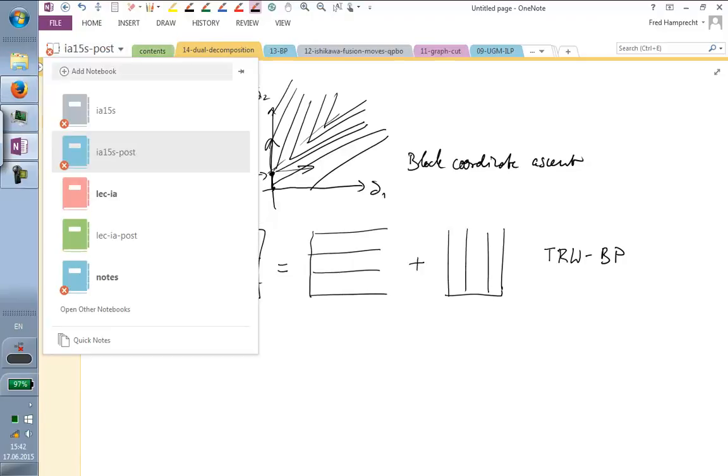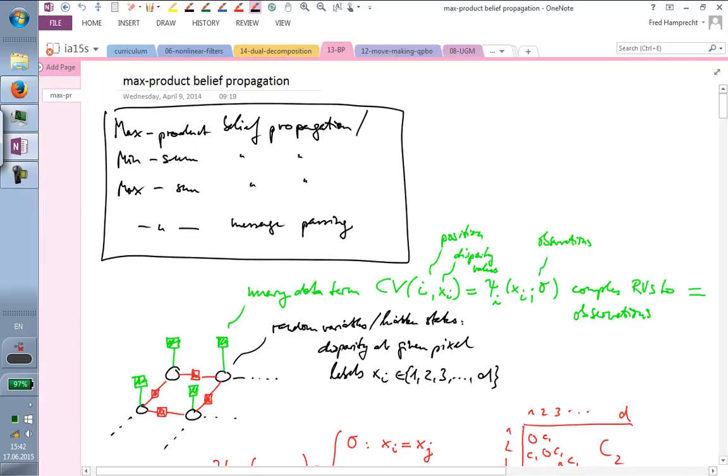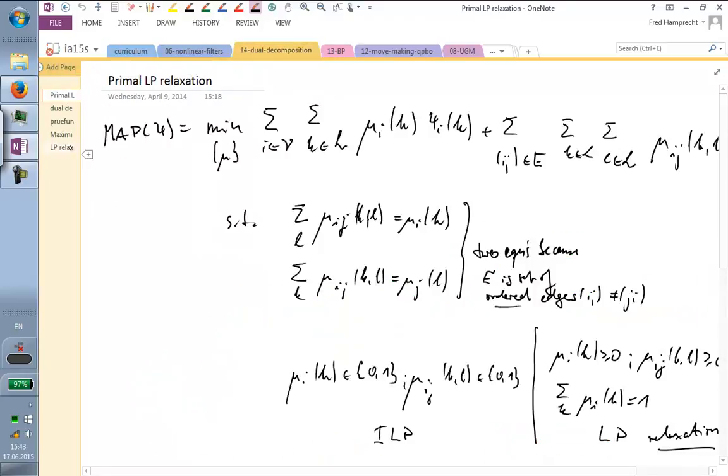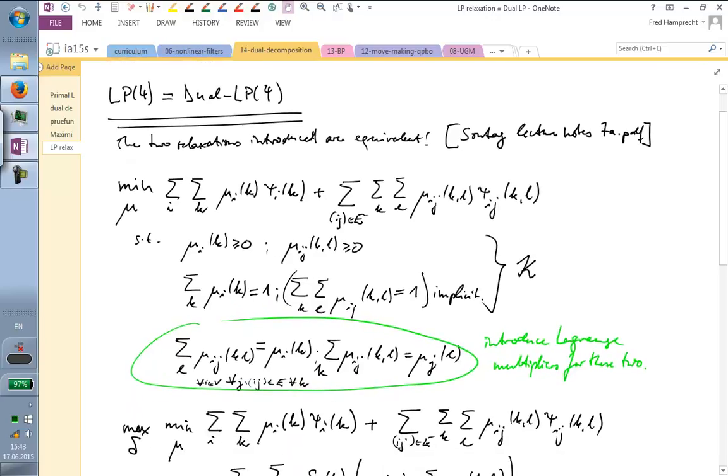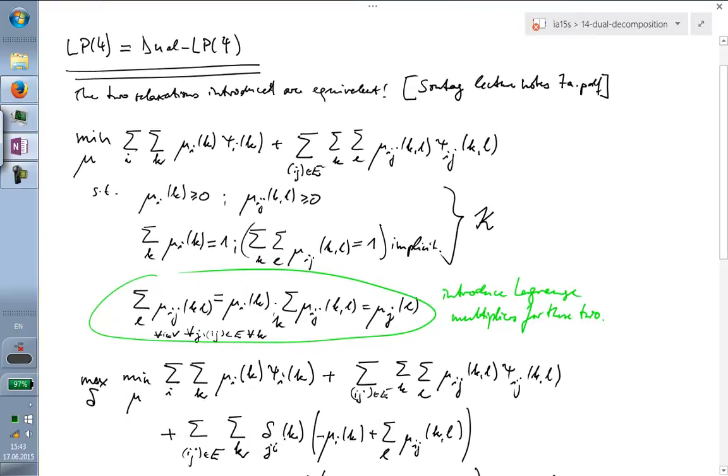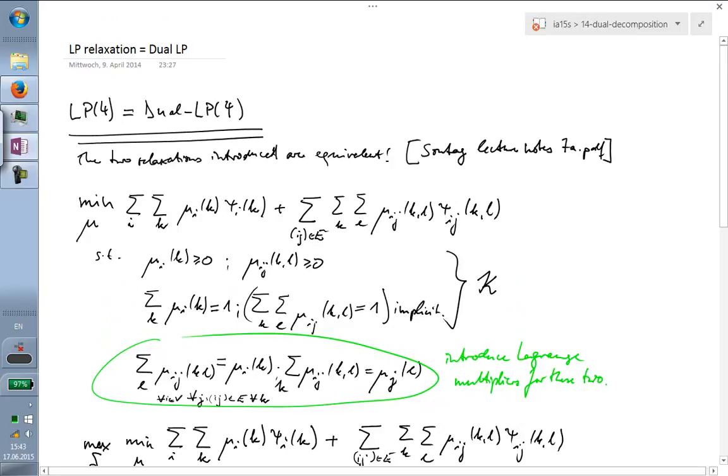We're running out of time, so I'm going to show you the last part just on the screen here. You can read up on this in a paper by David Sontag, or actually the material here is from the appendix of his thesis.